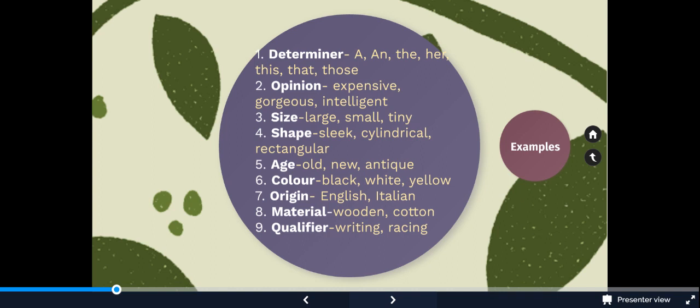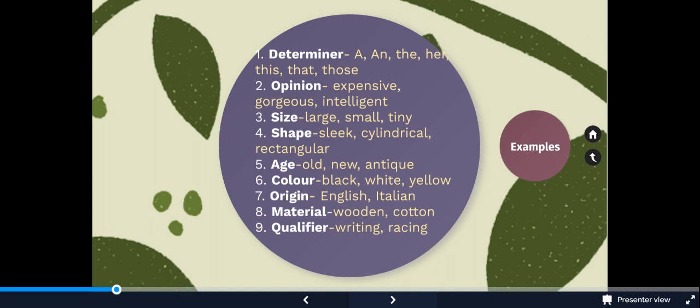Determiners include articles and certain pronouns. It can be a, an, the. It can be this, that, these, those, that is, demonstrative pronouns. It can also be my, your, his, her, its, etc. And sometimes it can be quantifiers like some, few, little, one, five.